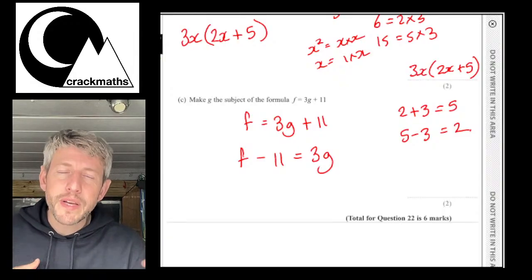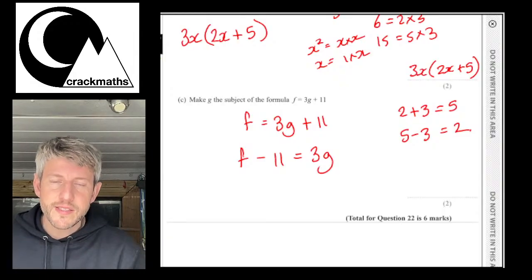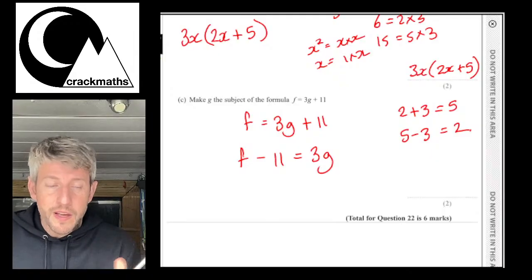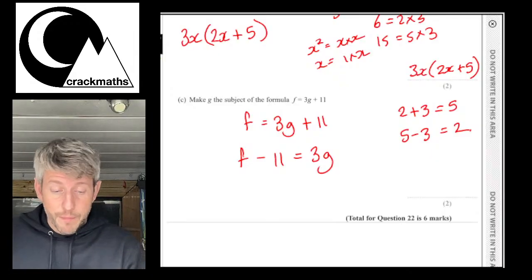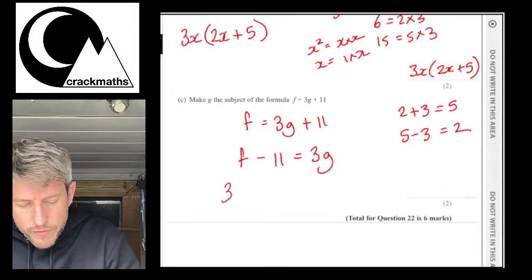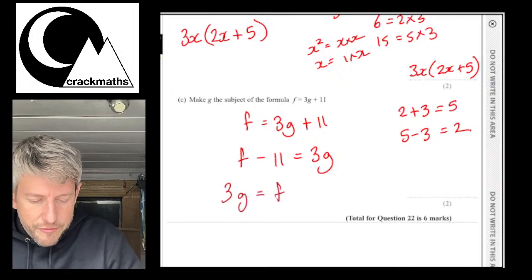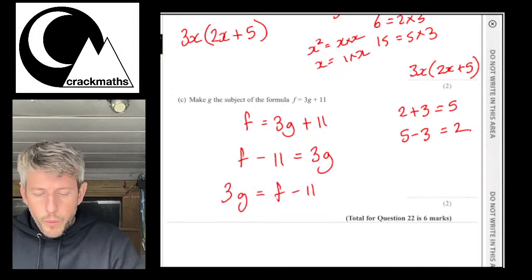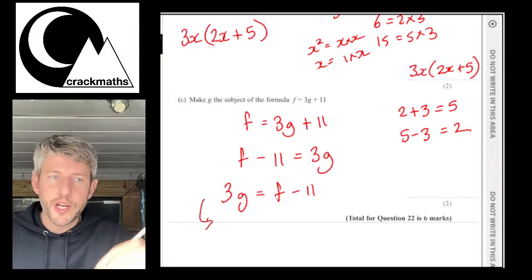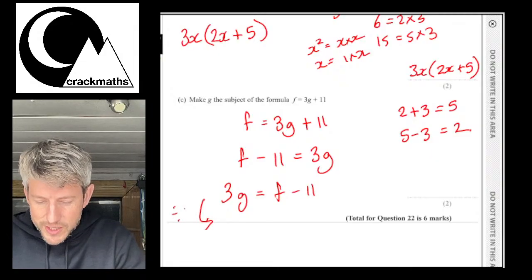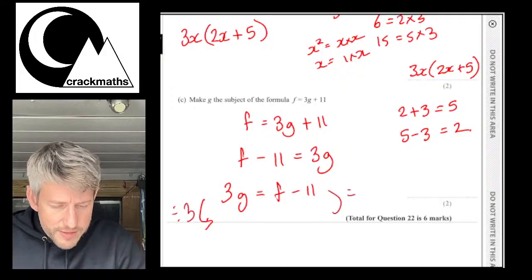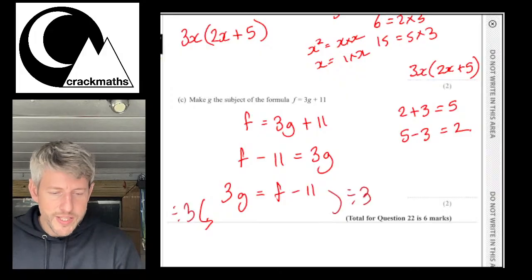So that's the first part of this. Now the second bit is, when they want G as the subject, they just want 1G. So this is now like our direct proportion. So we've got 3G equals F minus 11. We want to go to 1G, so we've got to divide both sides by 3.